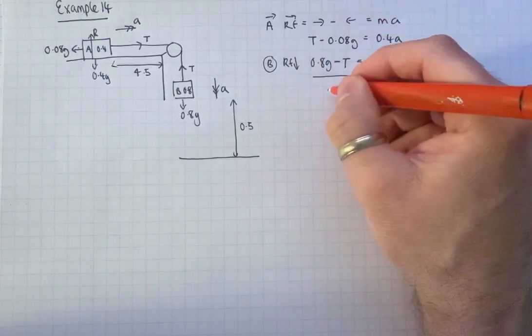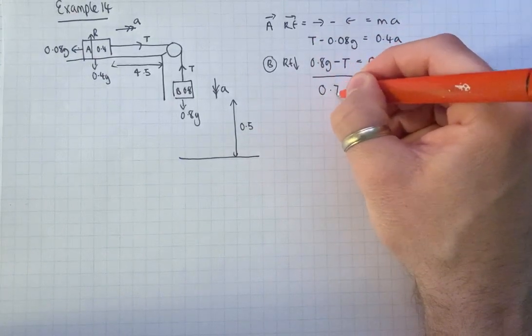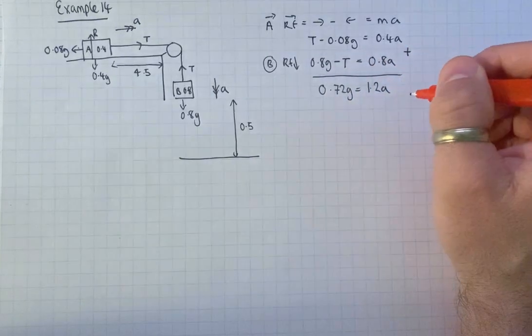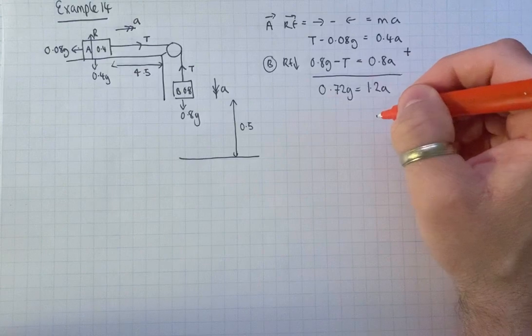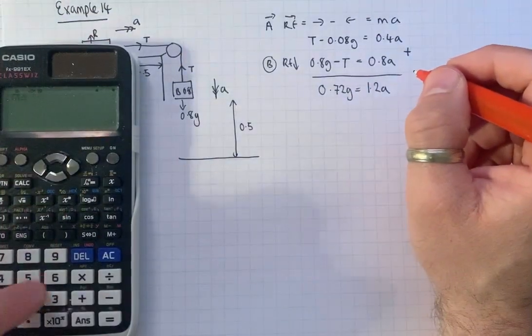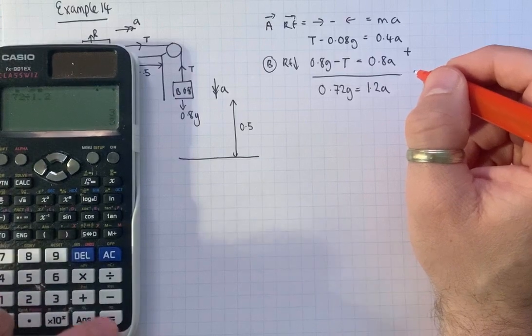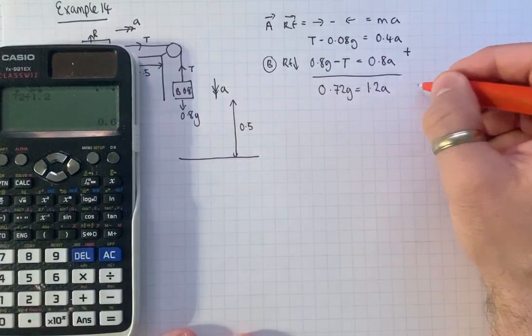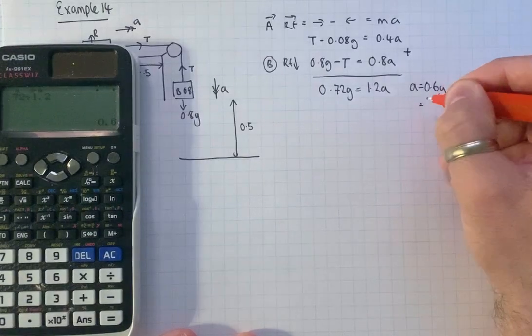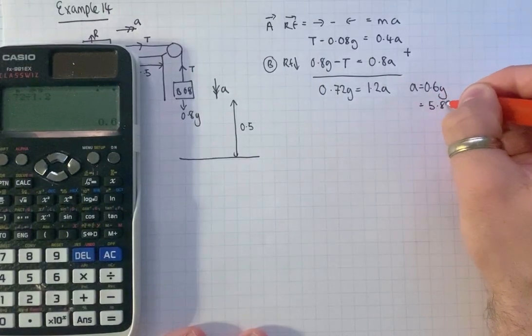T's cancel, you end up with 0.72g equals 1.2a. And if you divide by 1.2, it's what, 0.6, is it? 0.72 divided by 1.2, 0.6. So a is 0.6g, which is 5.88 metres per second squared.